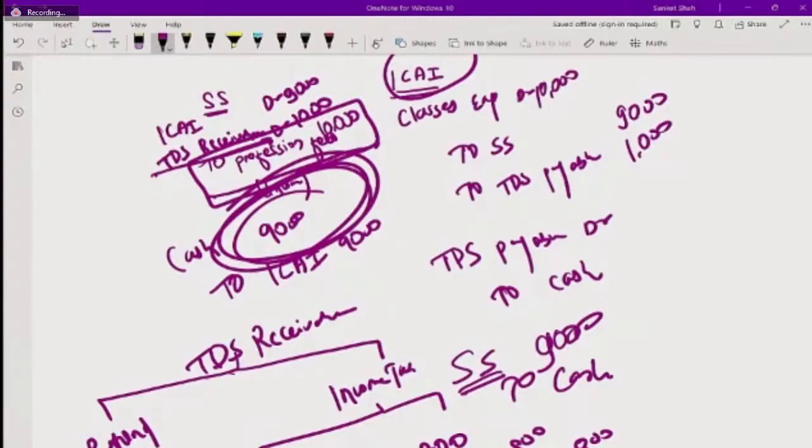I hope those who are direct entry students, they are getting it. I hope आपके ऑफिस में ये सब आपको समझ में आता होगा. डायरेक्ट एंट्री स्टूडेंट्स, those who are foundation based students, they can visualize these entries.